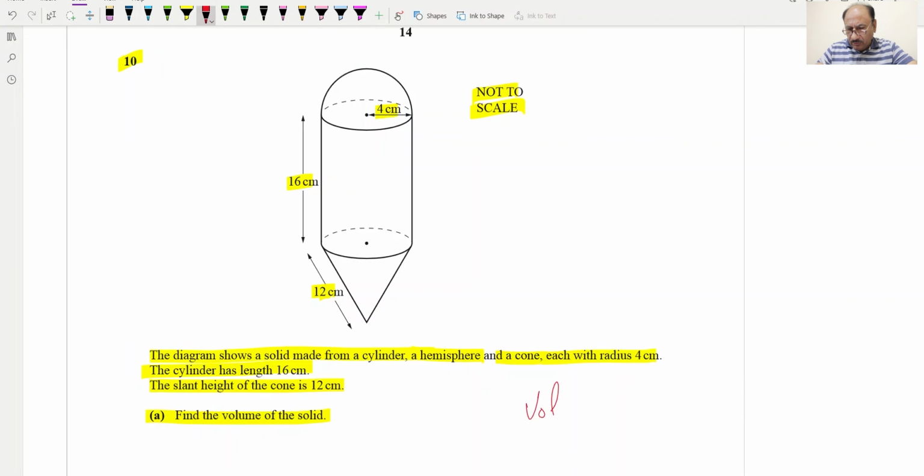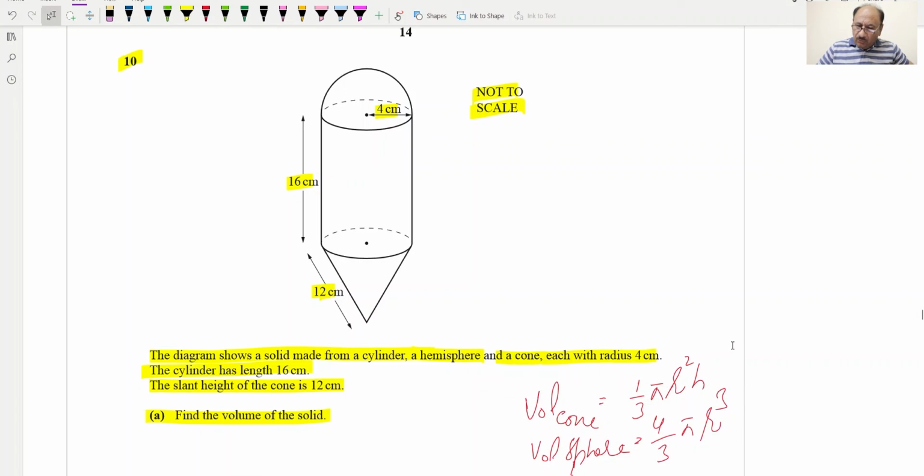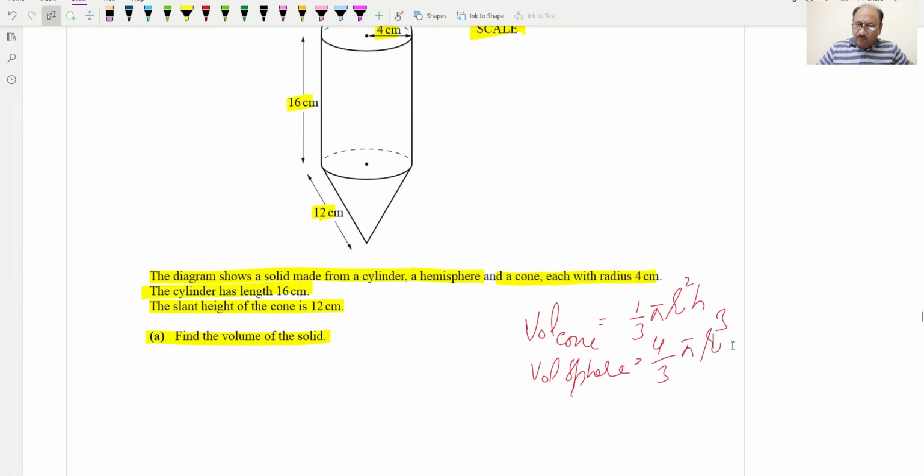So volume of cone will be equal to 1 by 3 pi r squared h, and volume of sphere will be equal to 4 by 3 pi r cube. You can refer to the formula sheet for that one. And now we have to find the volume of cone. So volume of cone is 1 by 3 pi r square h.